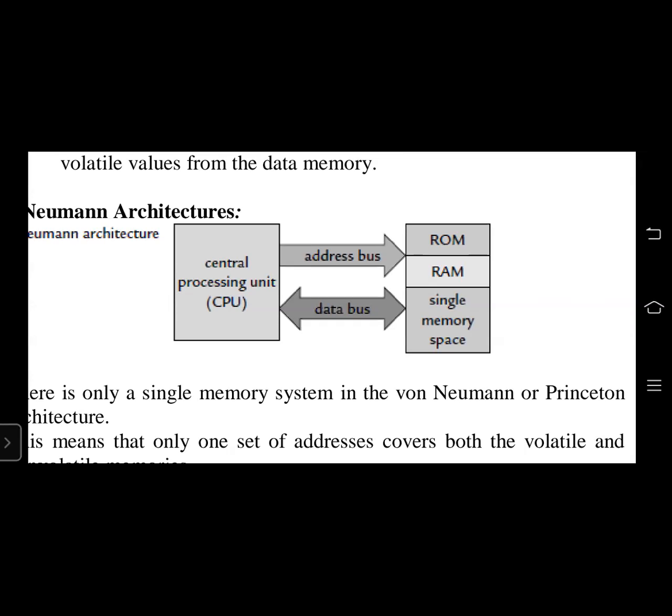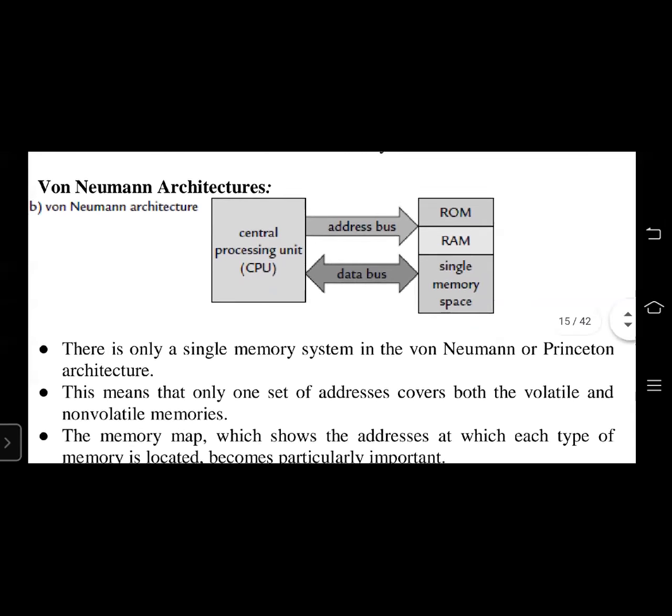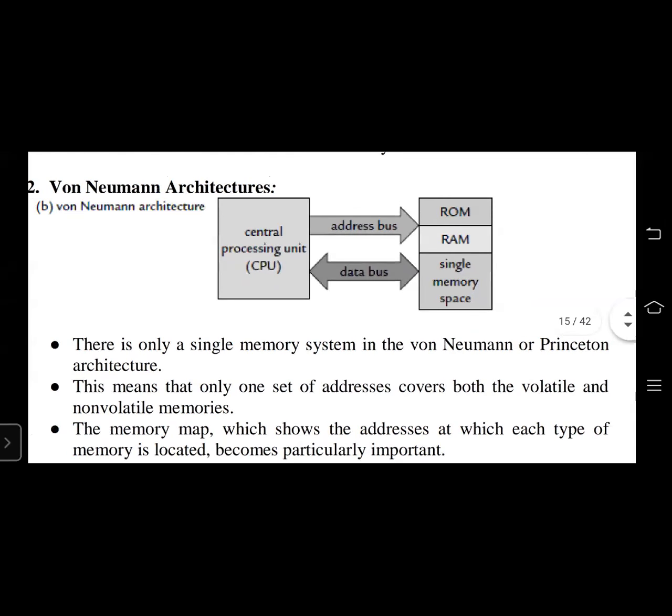So at a given time point, either it can access RAM or it can access ROM. Clear? Not both. So instruction and data cannot be fetched at a single time point. So single memory space is a memory space given for certain kinds of tasks.